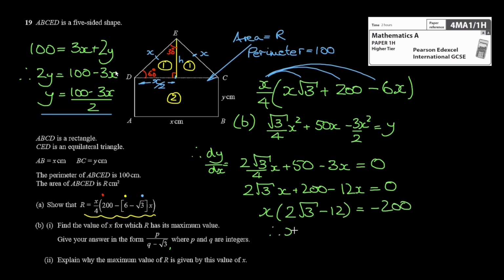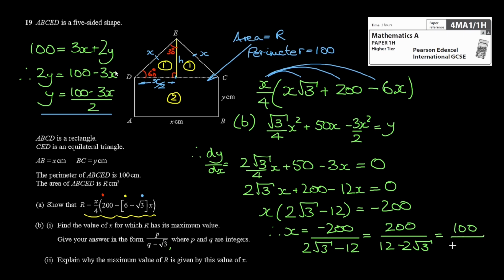So therefore x is equal to negative 200 divided by 2 root 3 minus 12. Which, if we just multiply all the way through by minus 1, is 200 divided by 12 minus 2 root 3. Which, if we take a common factor of 2 out, is 100 over 6 minus root 3. And those are your two answers.